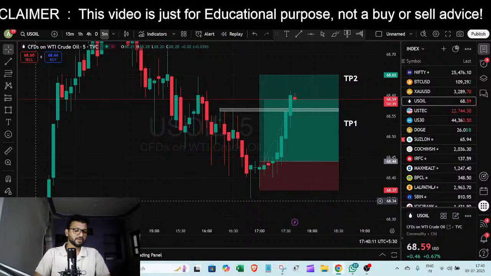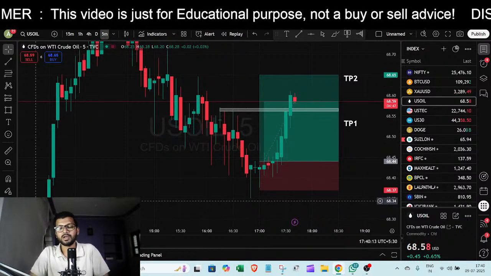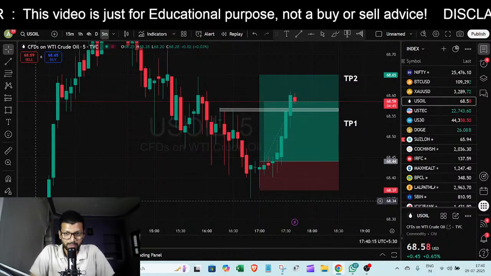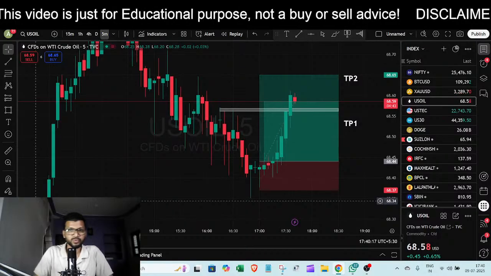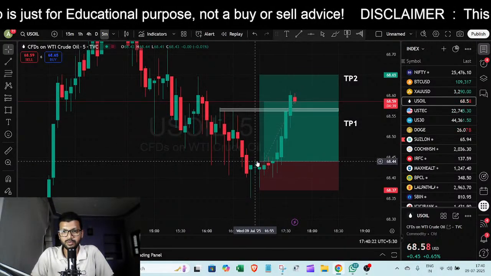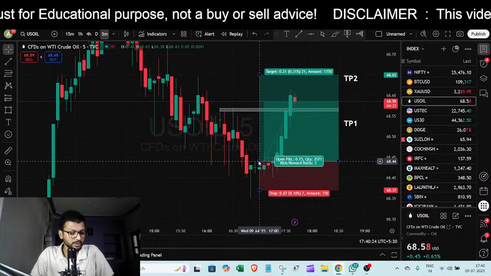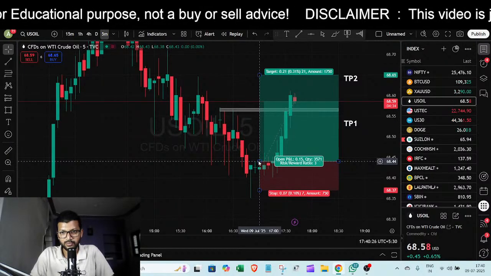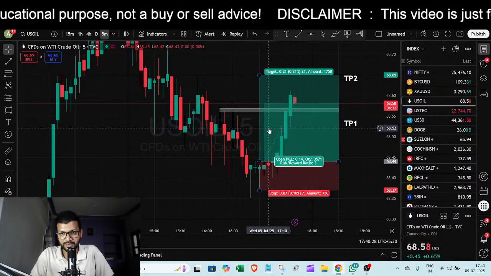Now if you are having the position, you can trail your SL from cost to TP1 candle low. Your SL is here right now because you have trailed your SL to cost. Now you can trail this to this candle's low.